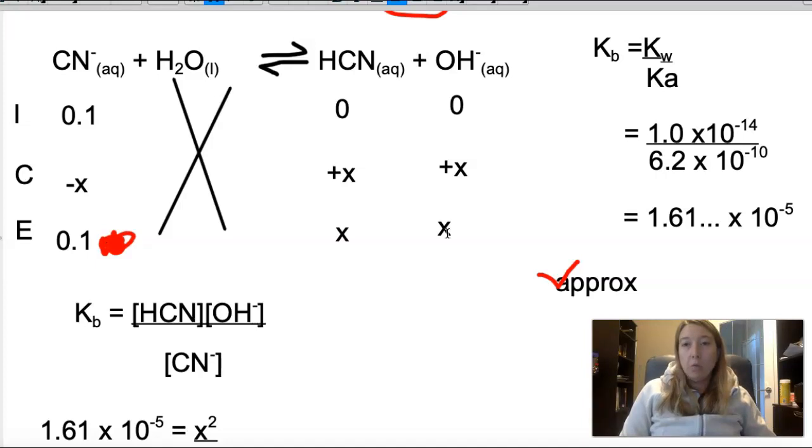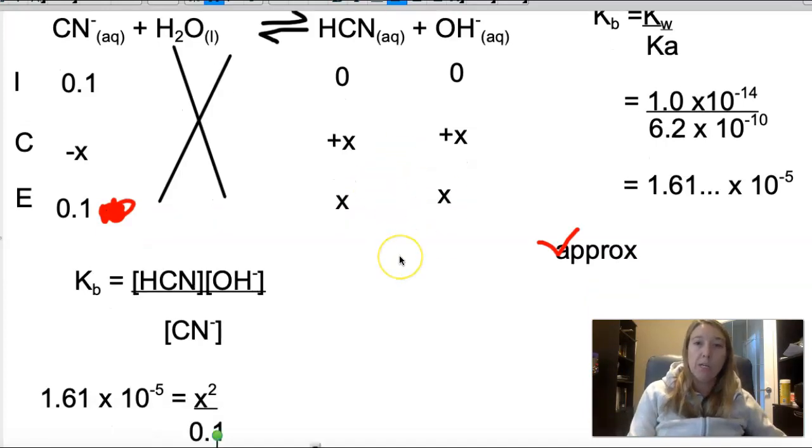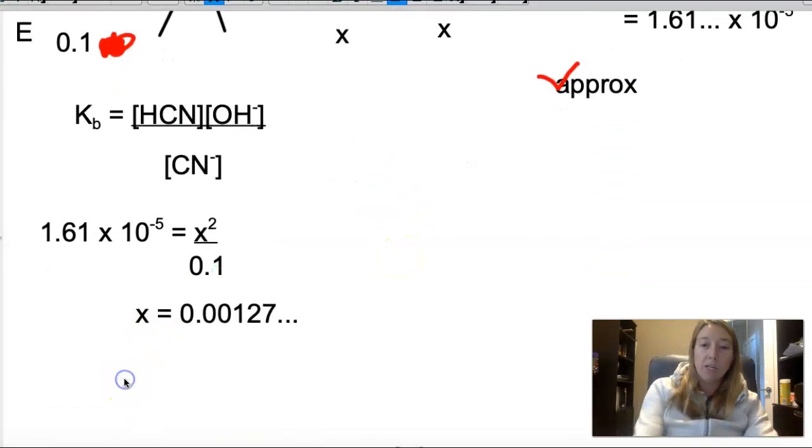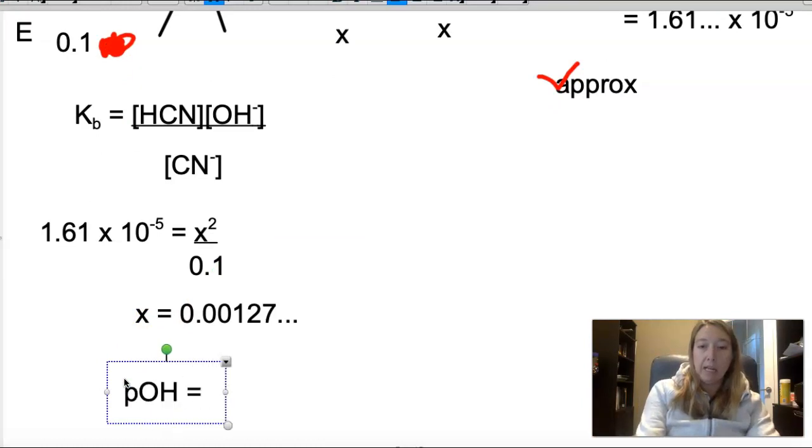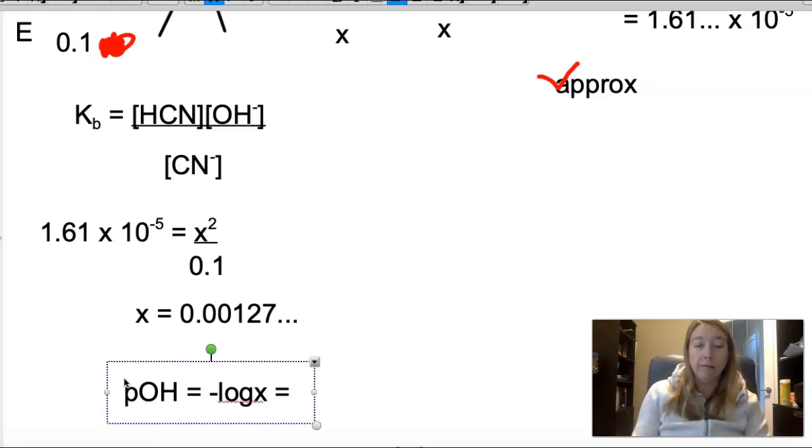Or you can use the concentration of hydronium times hydroxide equals Kw. It's kind of up to you. I find the majority of the time, you guys at this stage prefer to calculate the pOH by saying that it's the negative log of the hydroxide, which in this case is our x value. So we're going to have negative log of our answer. We're coming up with 2.896.